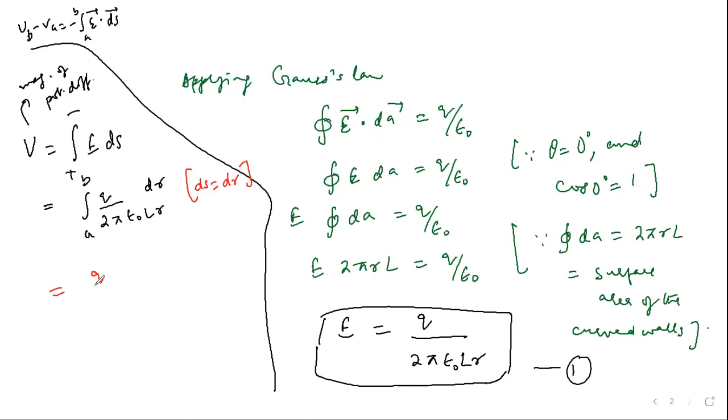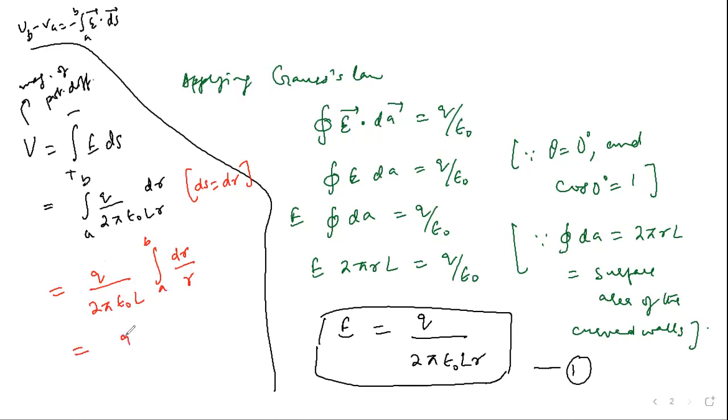Rest is constant. So I take q by 2 pi epsilon naught L outside, and the integral is a to b of dr by r, right? So it is just the natural logarithm of r when we integrate it.